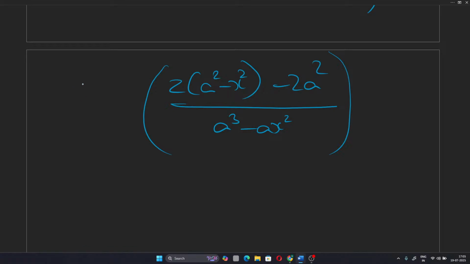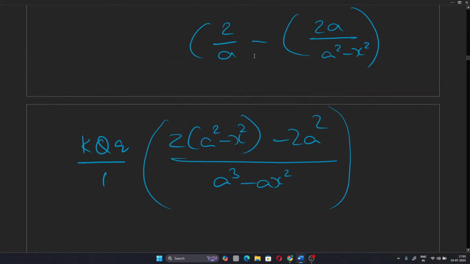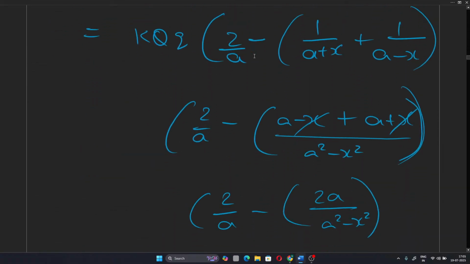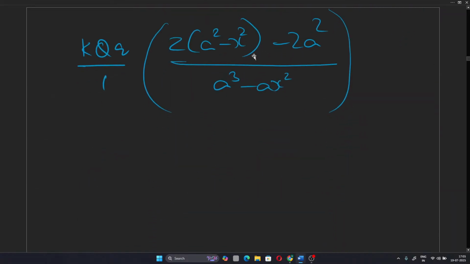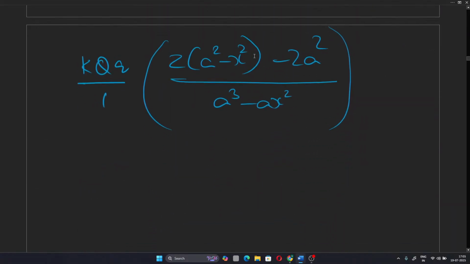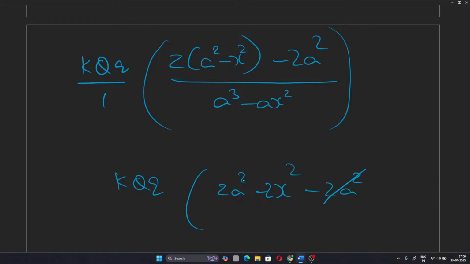this times KQQ by 1. This is a change in potential energy. Now again let's multiply it inside. KQQ by 2a square minus 2x square minus 2a square.